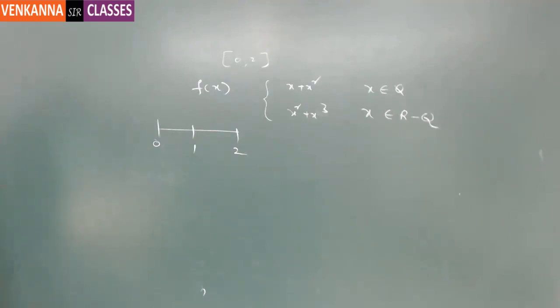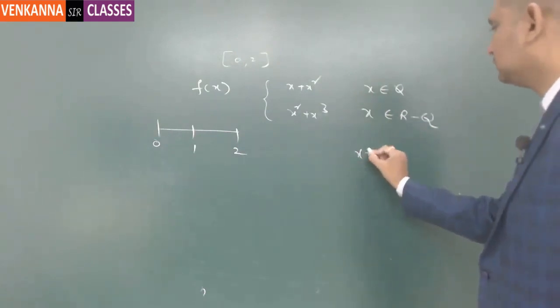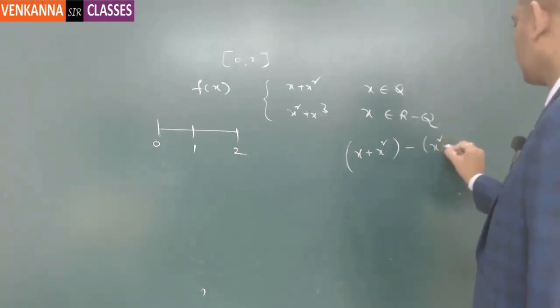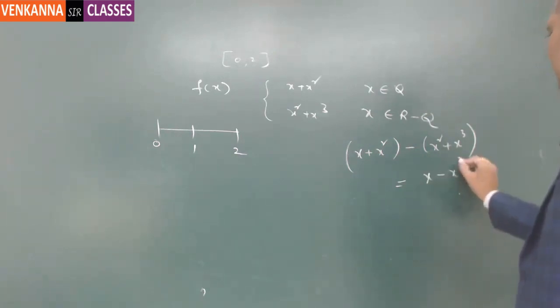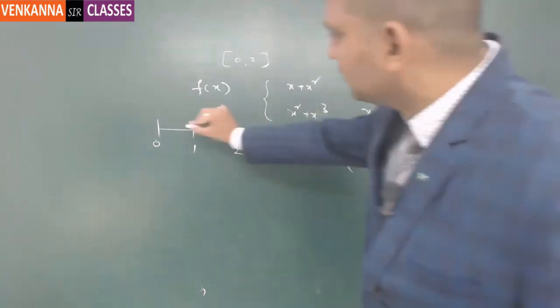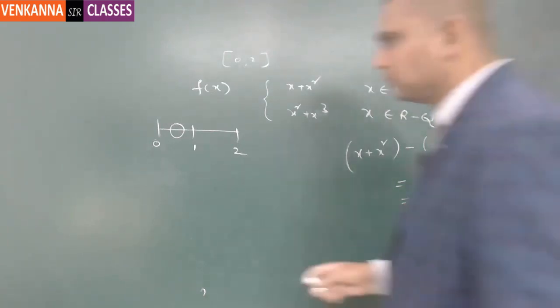So for this, what I am doing here is, you simply consider the difference of these two. It is nothing but x minus x cube. If you take x common, it will be 1 minus x square. Now what happens if you take x from 0 to 1, that means in between 0 and 1? Is this portion 1 minus x square positive or negative?